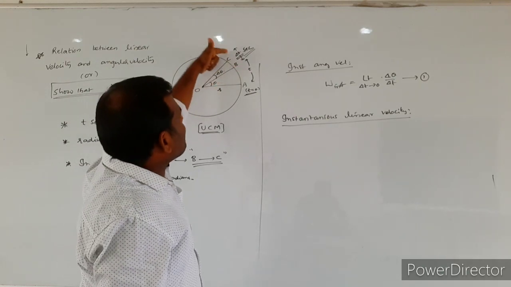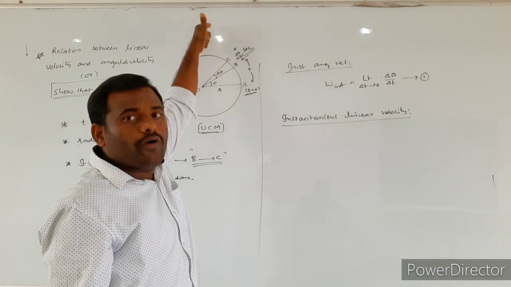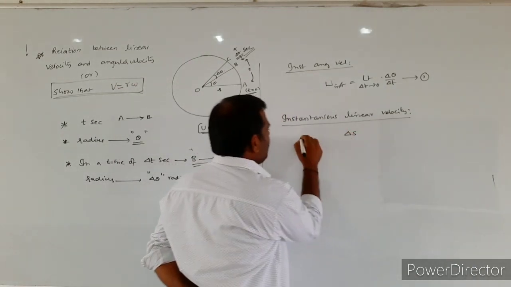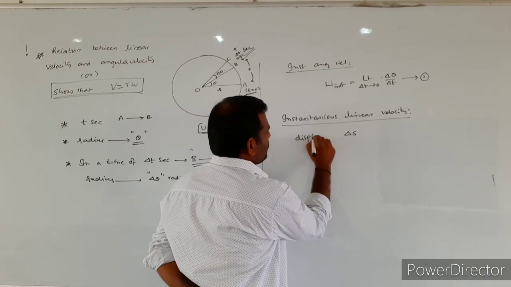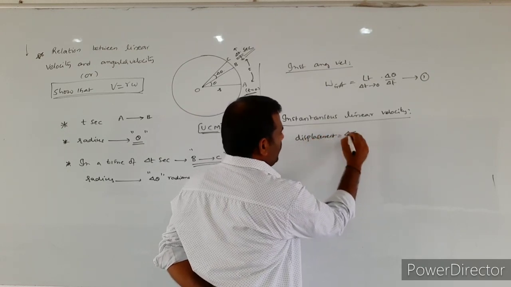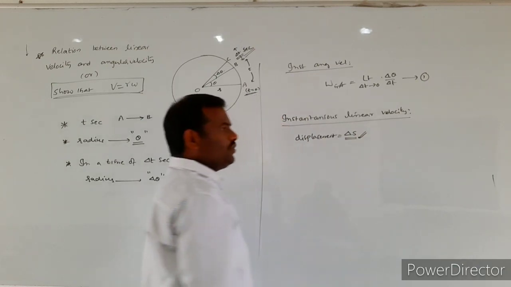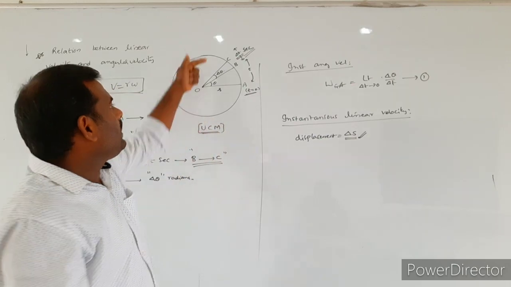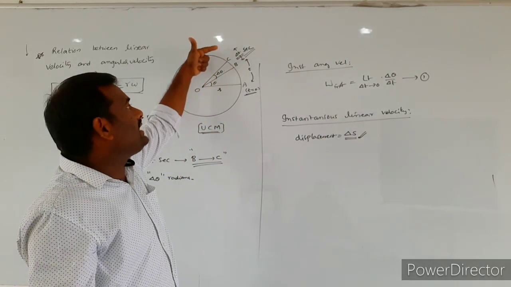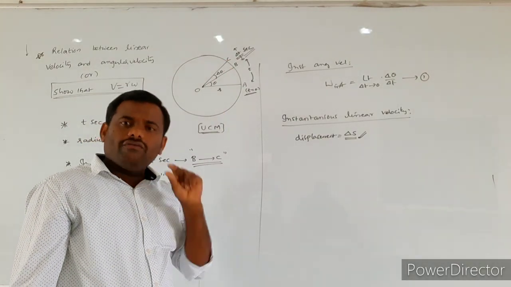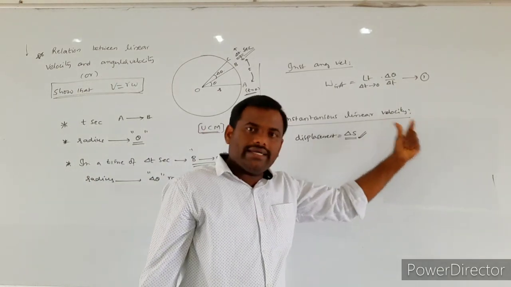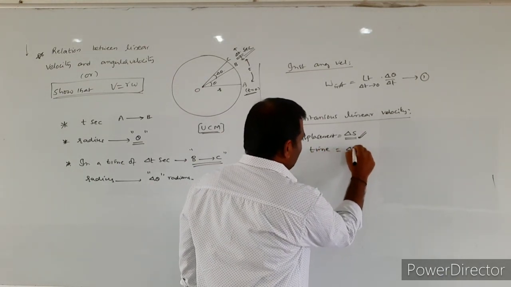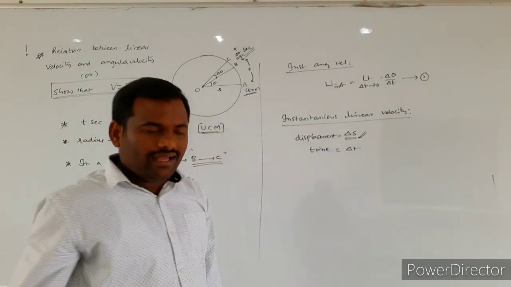While the particle is traveling from the point B to point C, it covers a linear displacement, which I assume is delta S. For the small time interval, the distance covered along the circumference of the circular path is taken as delta S, in the same time, delta t seconds.